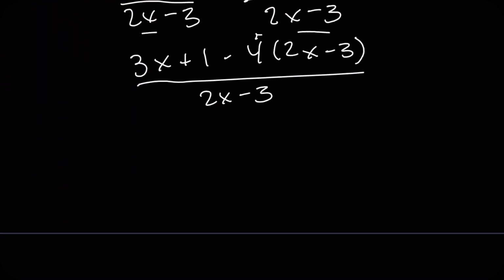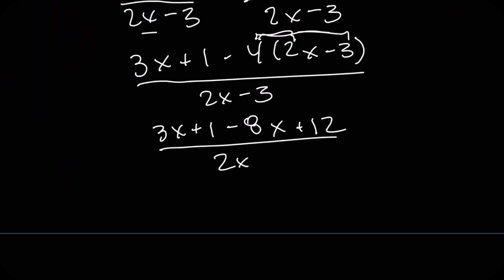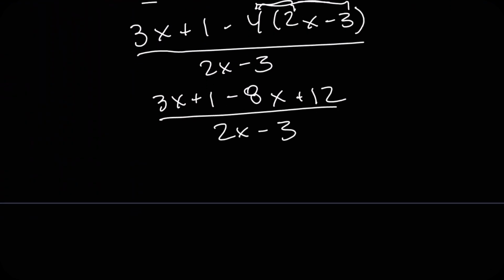Multiplying out the 4 times the 2x and the 4 times the negative 3, let's see what we get. We get 3x + 1 - 8x + 12, all divided by 2x - 3. And this will simplify down into 13 - 5x, all divided by 2x - 3.